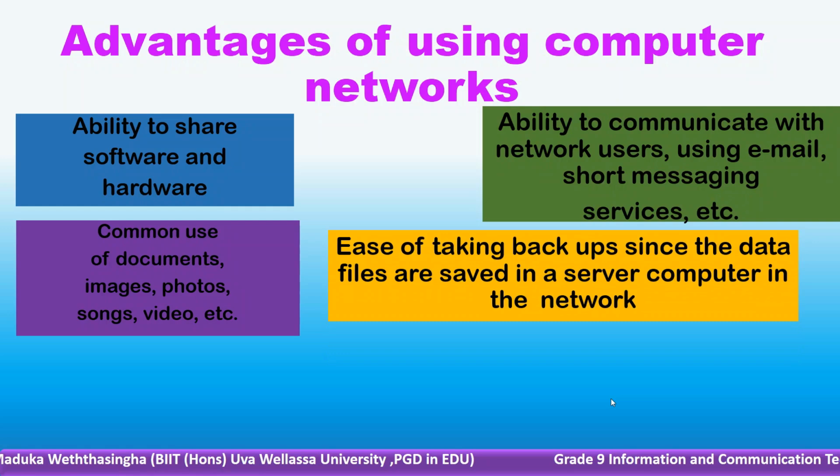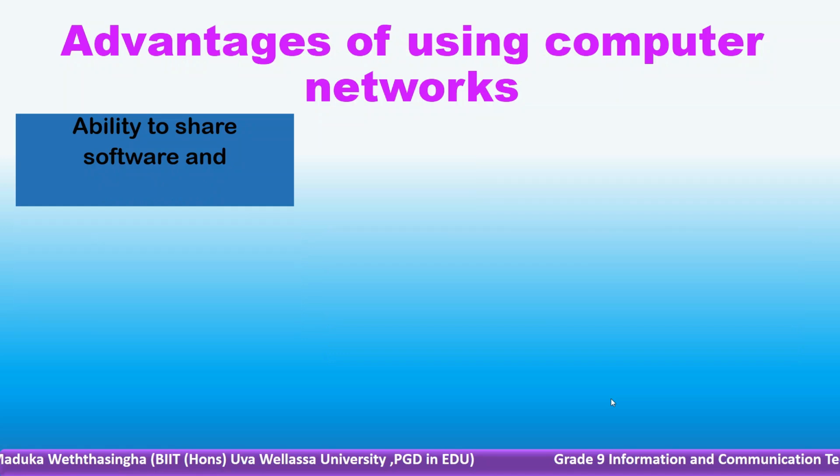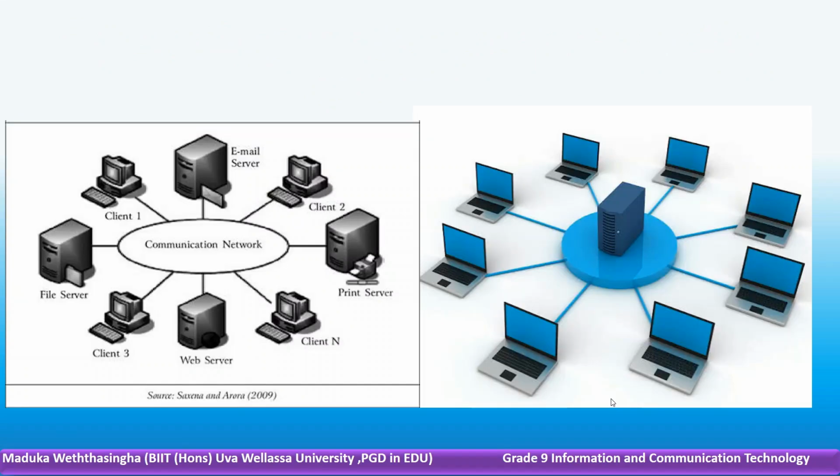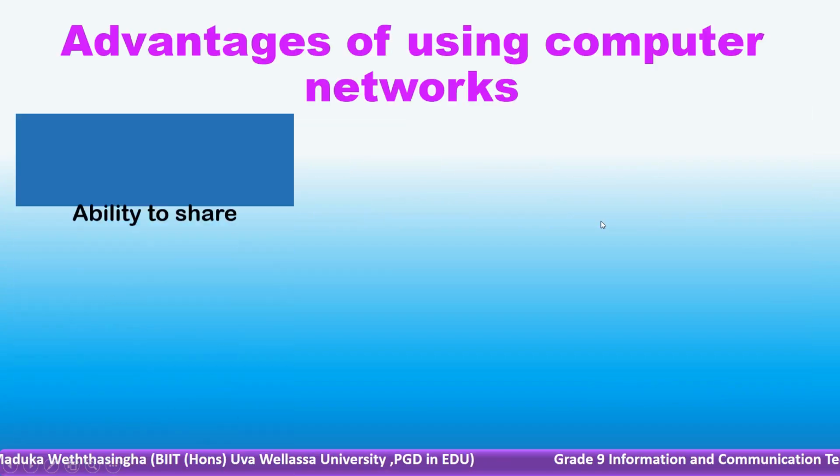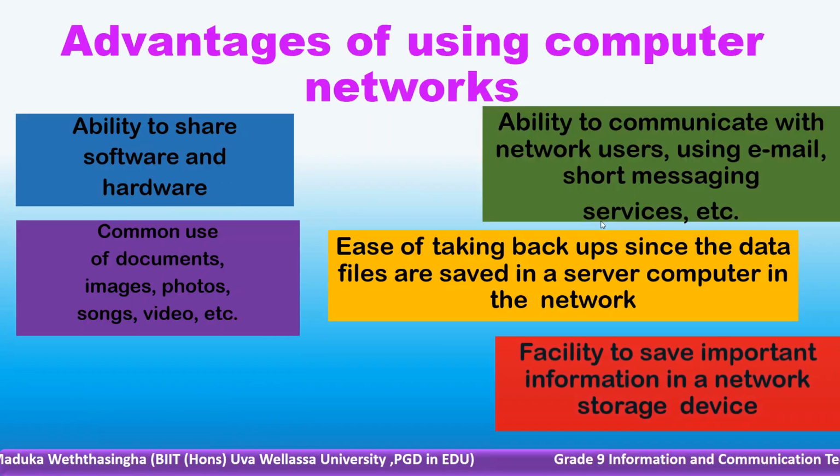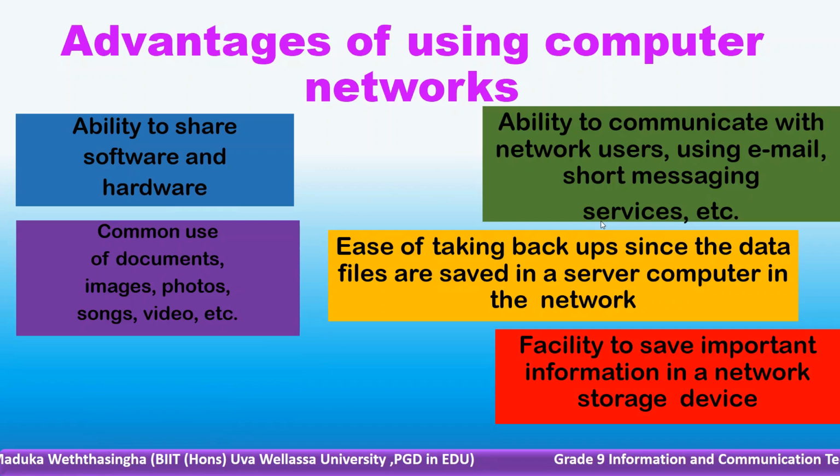And also ease of taking backups, since the data files are saved in a server computer in the network, right? Here in the previous picture, you can see a main computer. We called it as a server computer. So within the server computer, all the data, information, softwares are stored. Therefore, we don't want to be worried about backup copies.